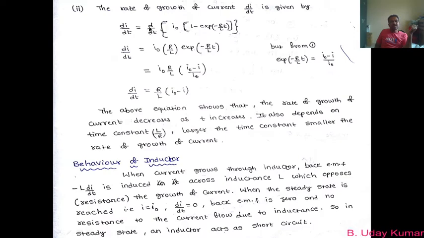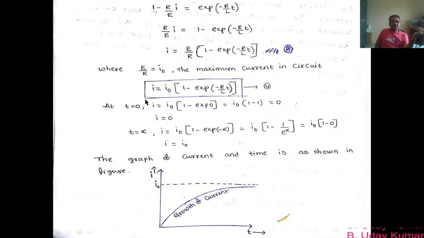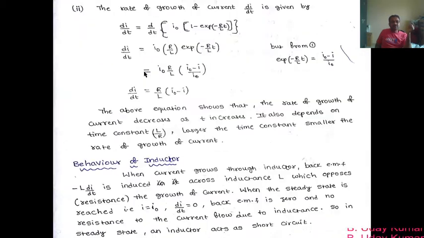I already derived the formula for I, so substitute that value of I. This is the solution of the equation V minus L di by dt is equal to I times R, and if I substitute that I in this equation, I get the formula of di by dt.